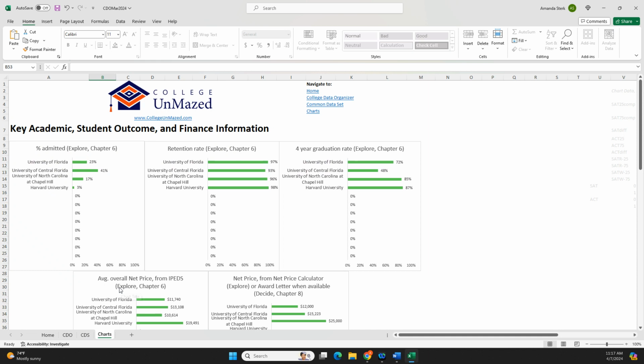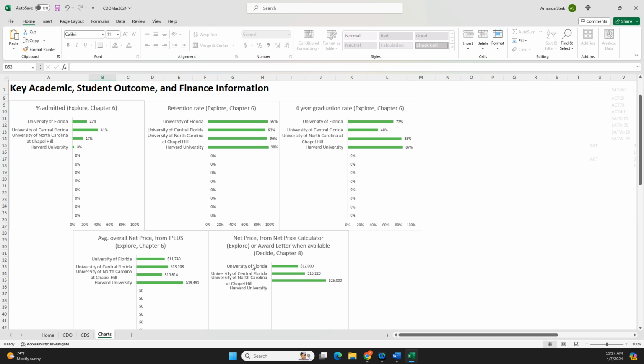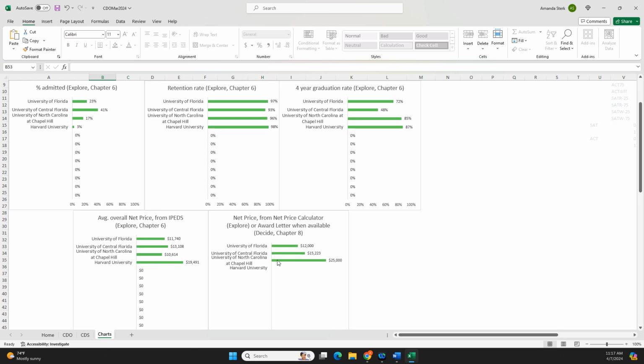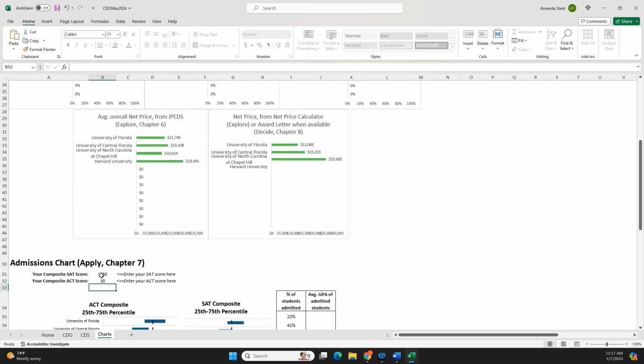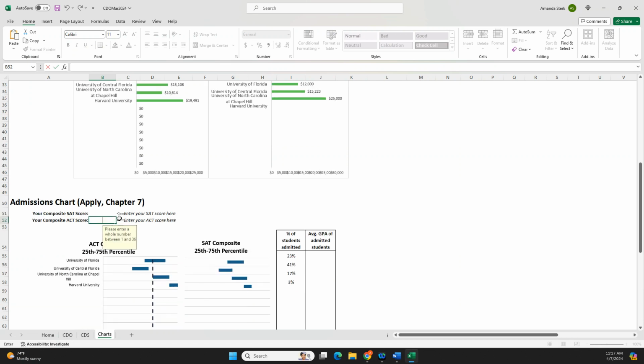The last tab is the charts tab, and this takes some of that data from the CDO and highlights some of the key things that we often talk about with our students: percent admitted, retention rates, net price. So I put in my net price after using my net price calculator, and it shows me some of those numbers. The other thing that I really like to show families is the admissions chart.